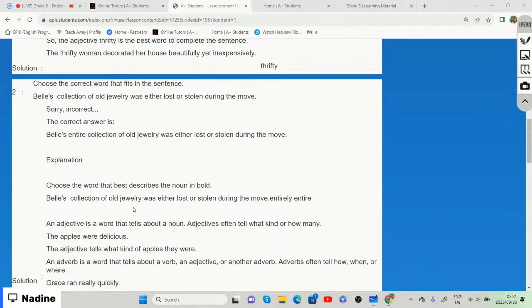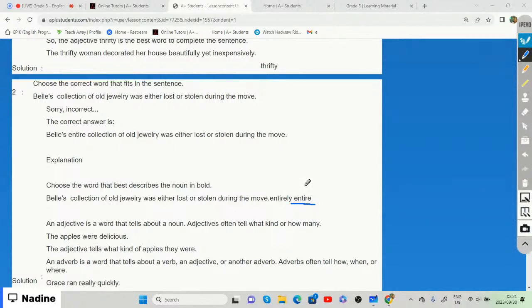All right, so if we choose the correct one, then we can say Bella's entire, because entirely is an adverb. So Bella's entire collection of old jewelry was either lost or stolen during the move.